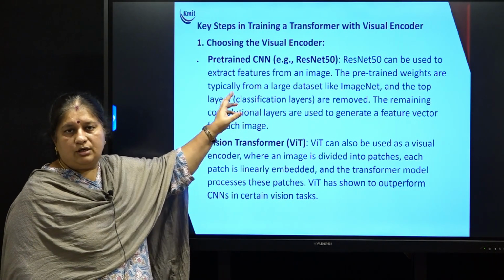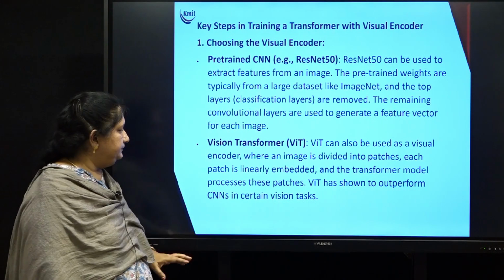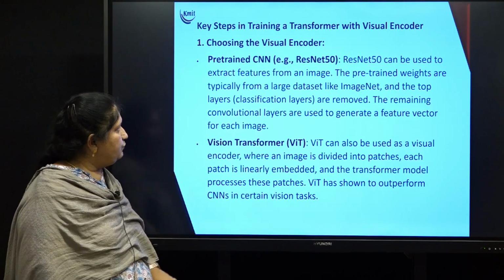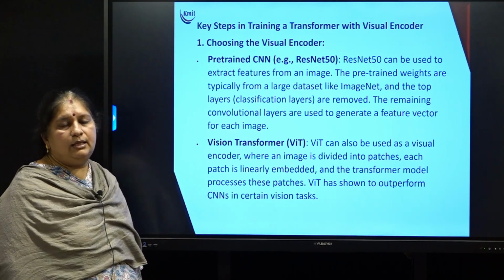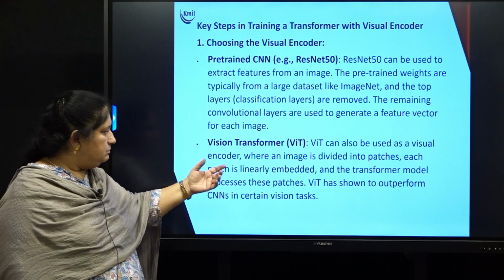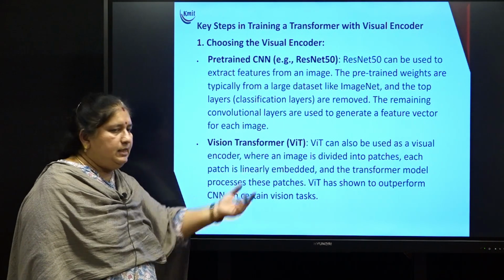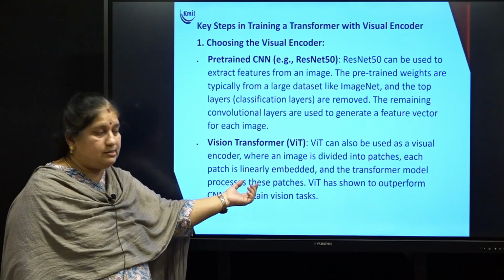Our job is not image classification, we are trying to work on image captioning. A vision transformer can also be used as a visual encoder, wherein the image is divided into patches, each patch has a linear embedding, and the transformer model processes the patches individually.